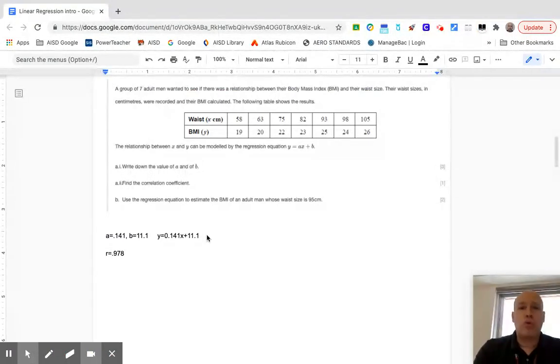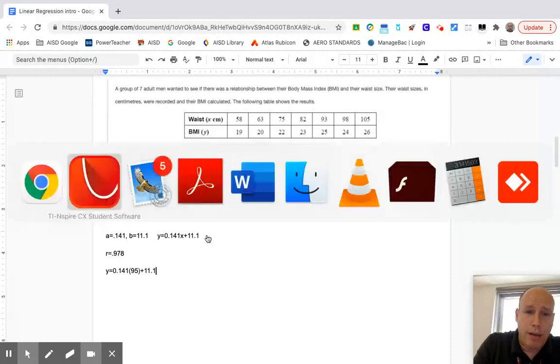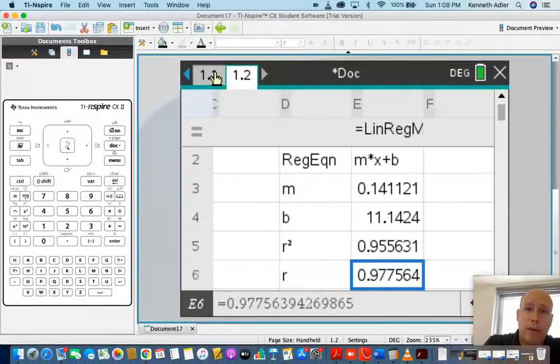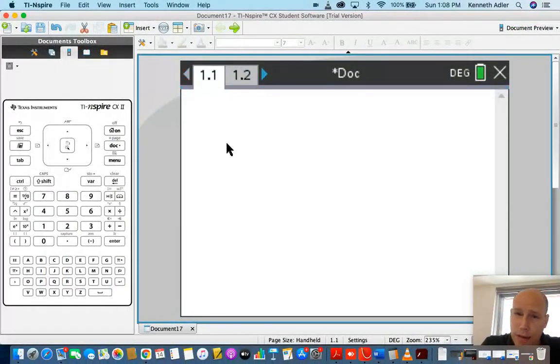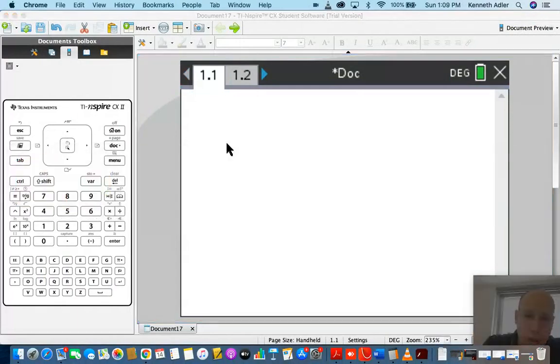And the last question, use the regression equation to estimate the BMI of an adult man whose waist size is 95. You have two ways. You could just plug it in here. You know that Y is equal to 0.141 times 95 plus 11.1. And then you go to your calculator. Once again, what was the equation again?